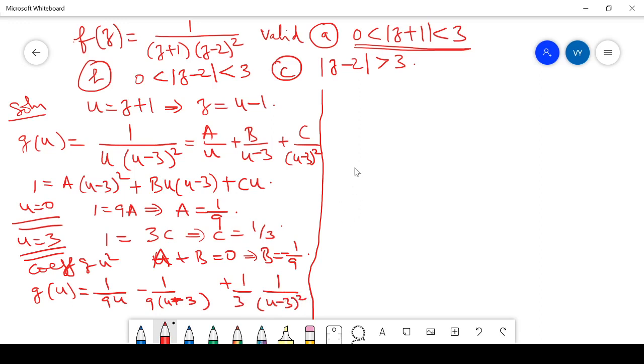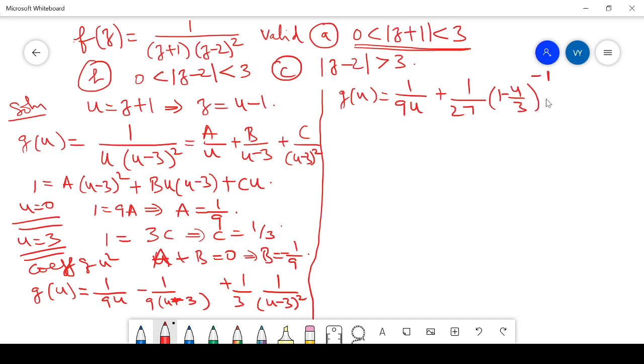So the expansion required is 0 less than mod z plus 1 less than 3. So I will retain the first term of g of u as such. In the second term, I will remove minus 3, and minus into minus will become plus 1 by 27, and this will be 1 minus u by 3 raised to the power minus 1.